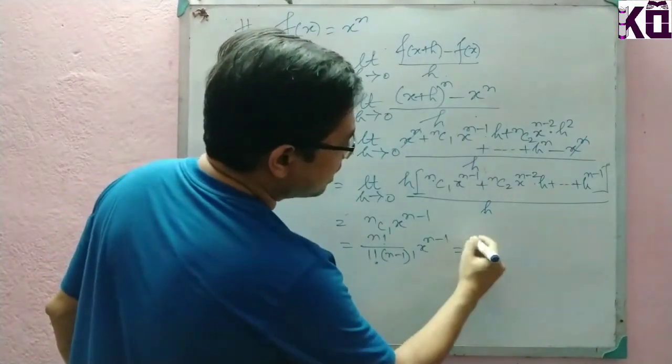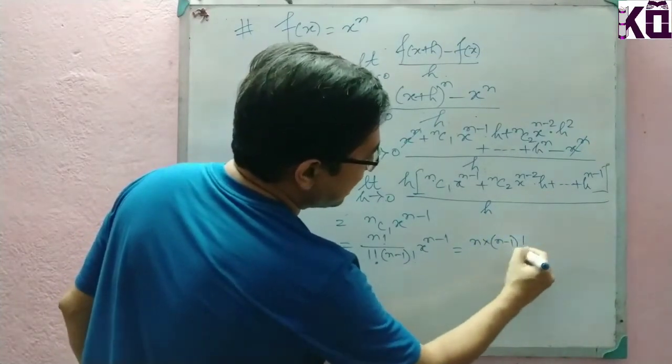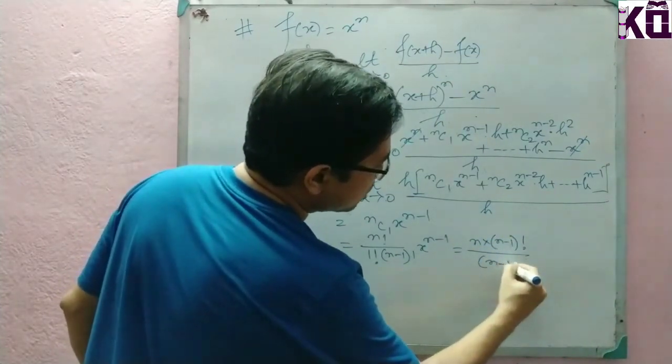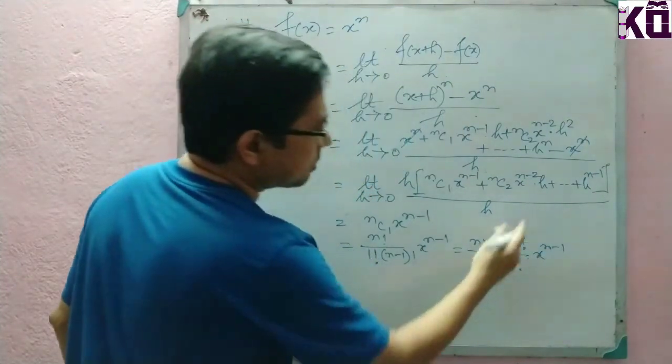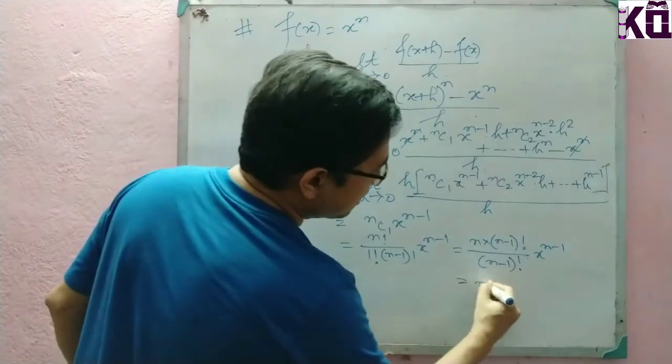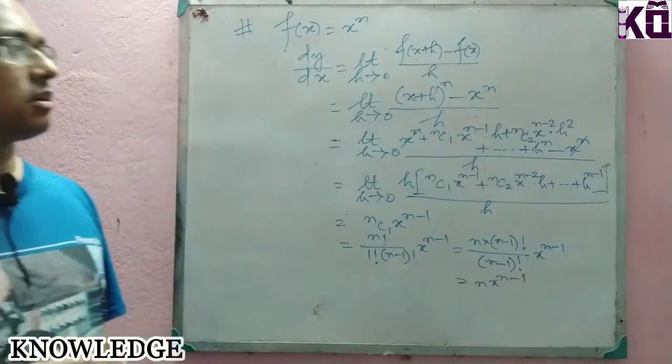So factorial n means n into factorial n minus 1, and the lower term is factorial n minus 1, x to the power n minus 1. Finally these two cross out, and that becomes n into x to the power n minus 1. So we have to remember this.